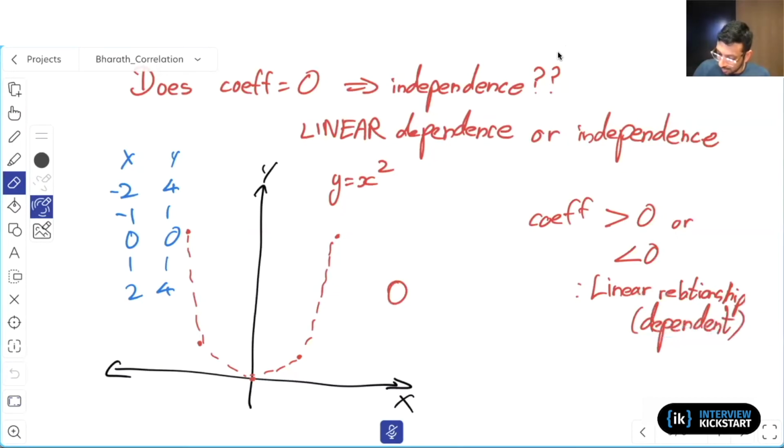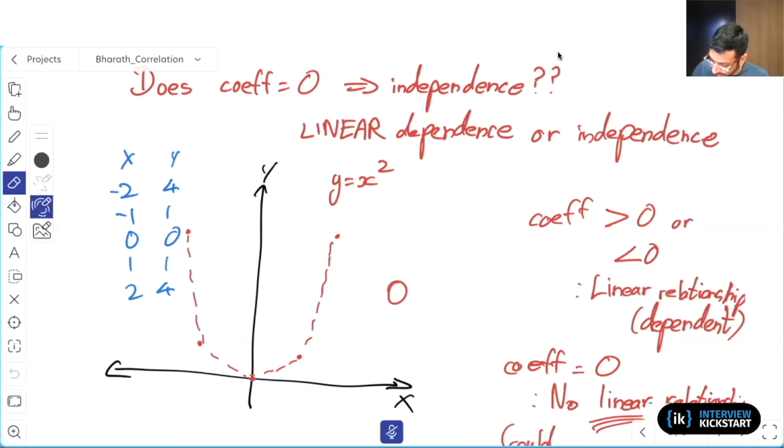But if the coefficient is equal to 0, all that means is that there is no linear, and I triple underline that word, relationship. That doesn't mean that there can't be other relationships. Just something to keep in mind.